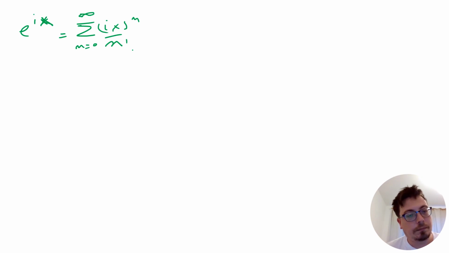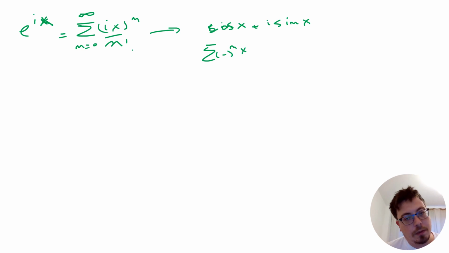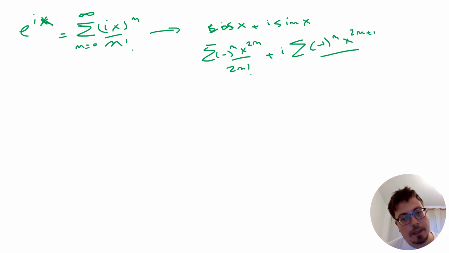say this is divided in two bits, which are the sine of x and the cosine of x, with an i in between, because these are the sum of (-1)^n x^(2n) divided by (2n) factorial plus i times the sum of (-1)^n x^(2n+1) divided by (2n+1) factorial.